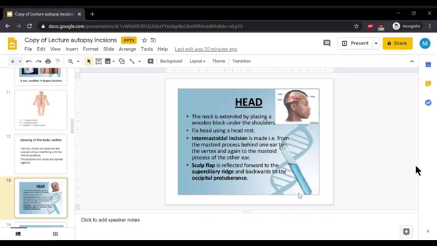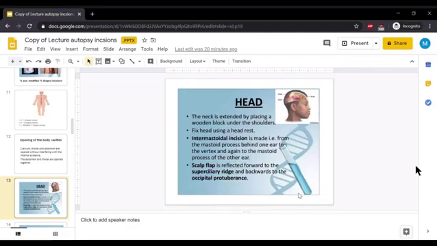An intermastoid incision is made from the mastoid process behind one ear to the vertex and again to the mastoid process of the other ear. After this intermastoid incision, the skin flaps are reflected.